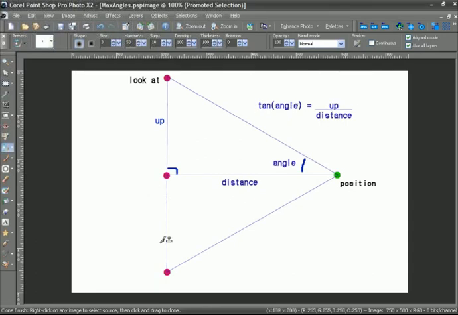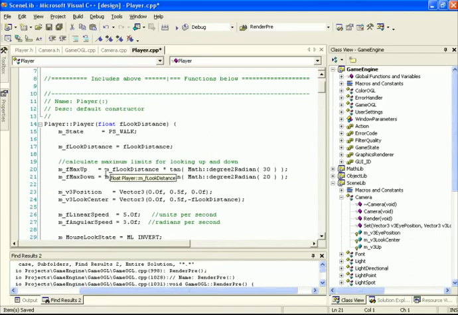Down is the same sort of thing, but notice that I'm going to be using a positive angle here rather than the negative. So this distance here is going to be a positive number that represents how far down we can go from our horizontal. So that's what this here is doing. I'm going to talk about this math thing after we finish implementing all the player and camera class.